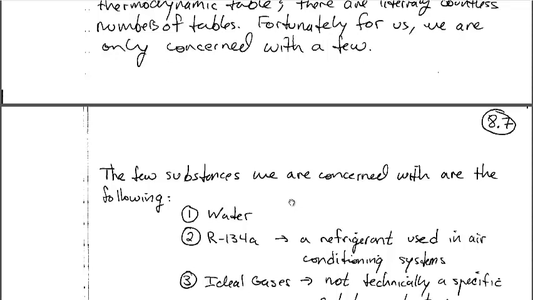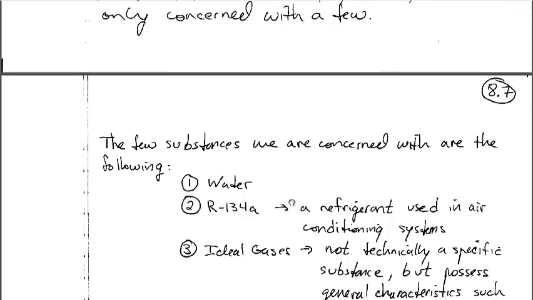So the substances that we will be concerned with include, first and foremost, water. This will be the substance that we study the most this semester. Secondly, and to a much lesser extent, we'll need to know R134A.